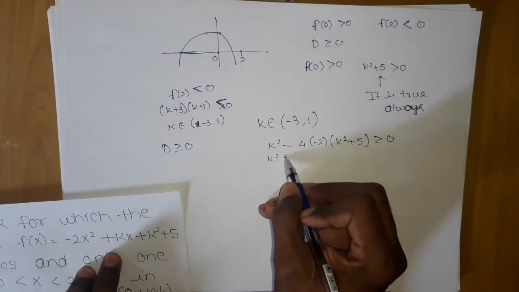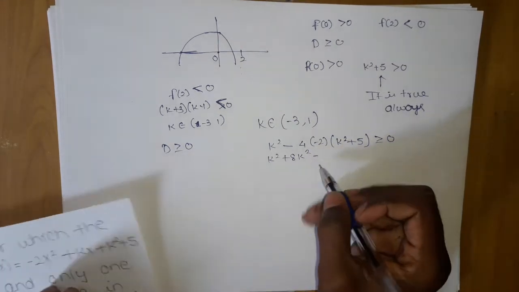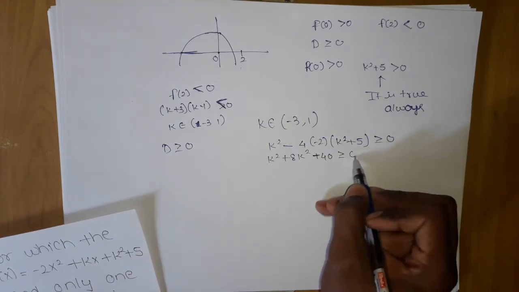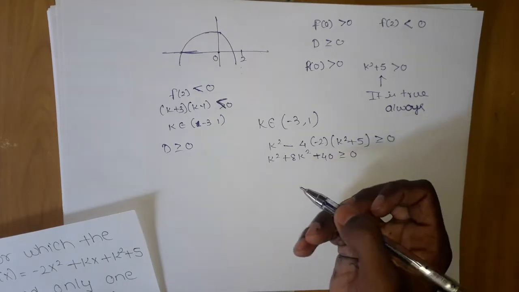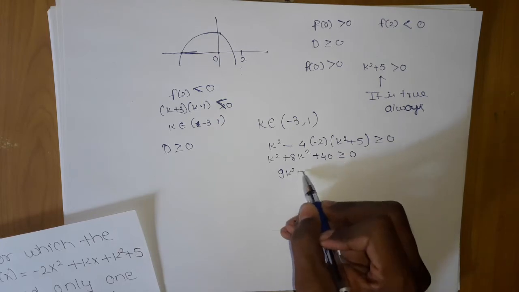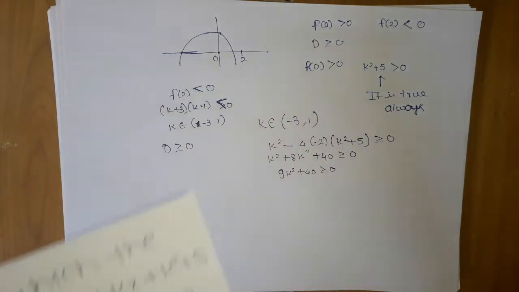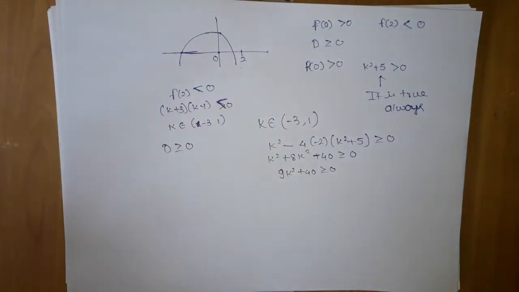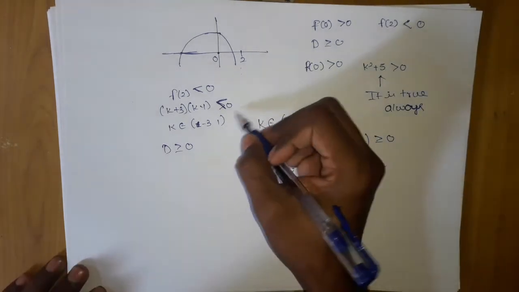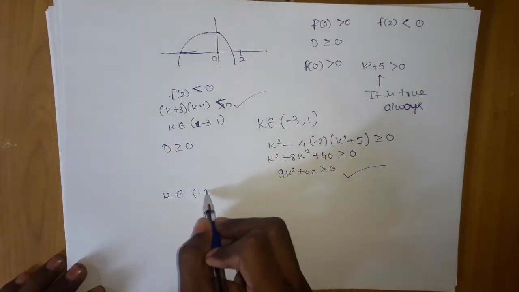K square plus 8k square should be greater than or equal to 0. So from here we are getting 9k square plus 40 should be greater than or equal to 0, which is always true. So this condition is also verified. Okay, so we got k belongs to minus 3 to 1.